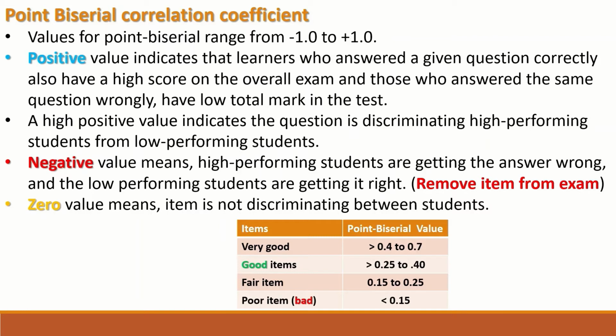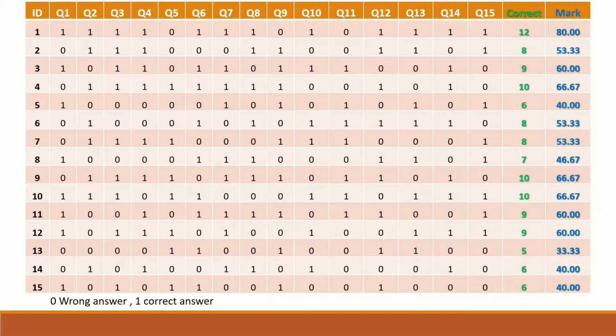Any question that has a point biserial value of less than 0.15 is a bad question or a bad item that is worth modifying or omitting from the exam.